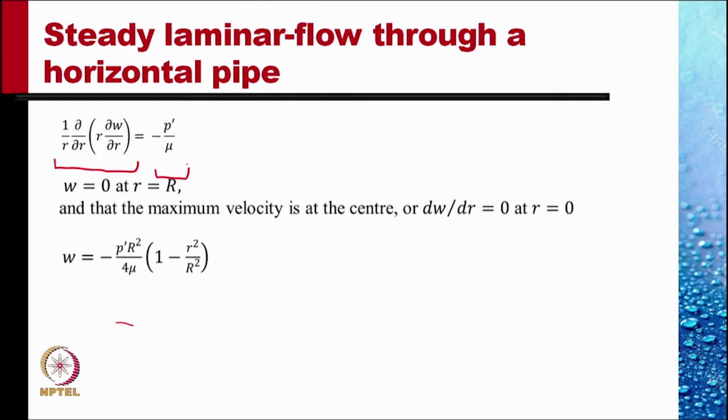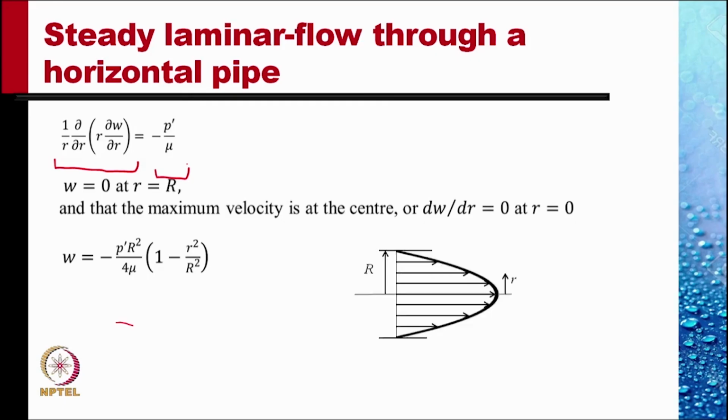With these two conditions, if we solve this equation, we get the parabolic velocity profile. W is equal to minus p prime R square by 4 mu into 1 minus r square by capital R square, where capital R is the radius of the pipe. The famous parabolic velocity profile. We have earlier determined the average velocity.